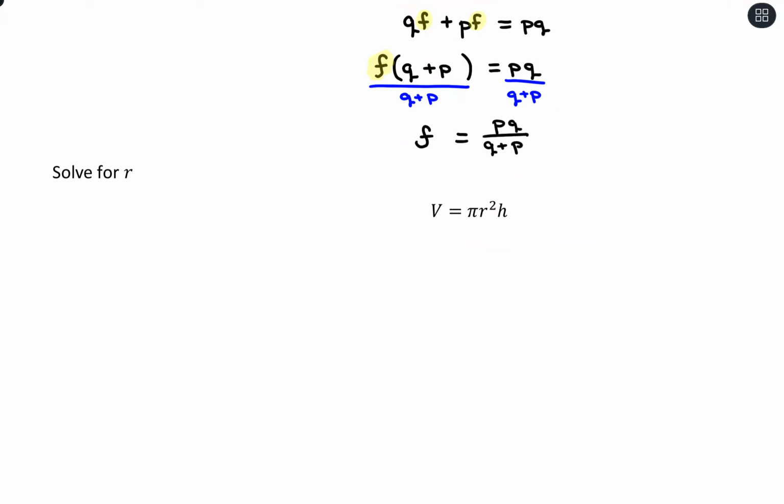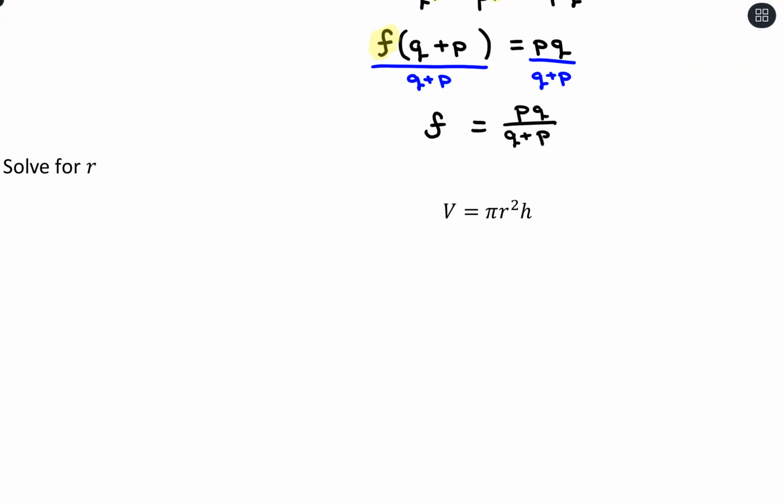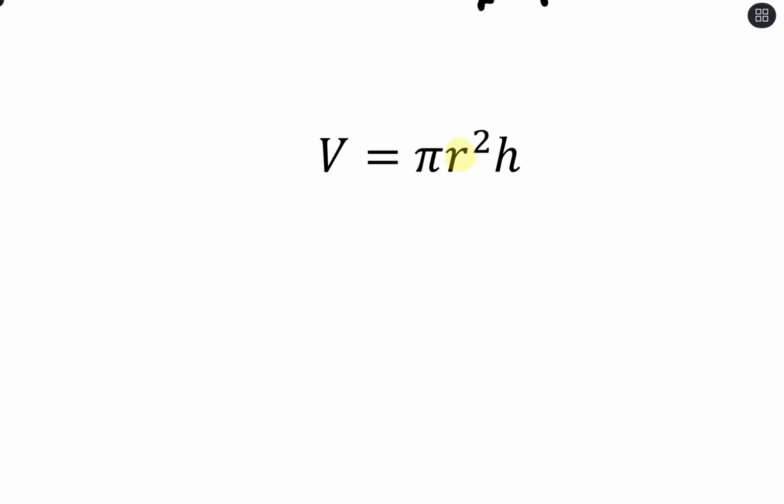All right, one more scenario here. We have v equals pi r squared times h, and we want to solve for r. Okay, so again, we're doing reverse PEMDAS, so I don't want to do anything with the exponent yet. Instead, there's no addition or subtraction, but there is multiplication and division to take care of, because r squared is being multiplied by pi and h.